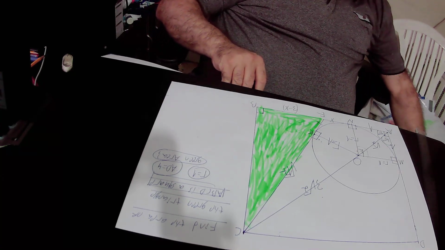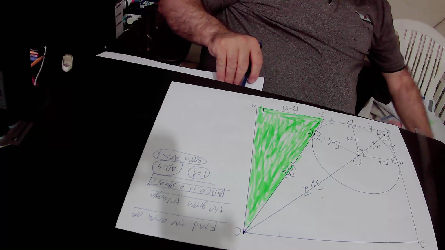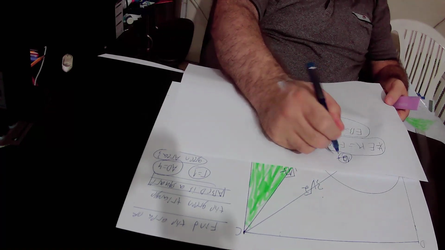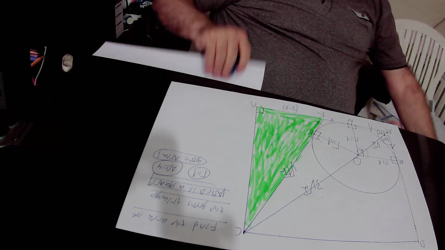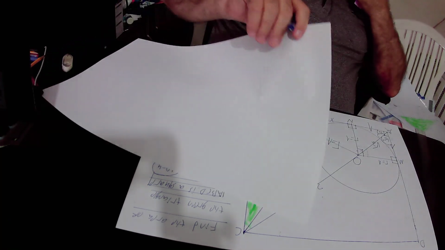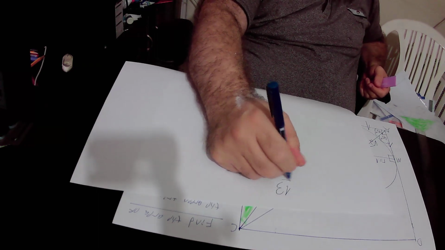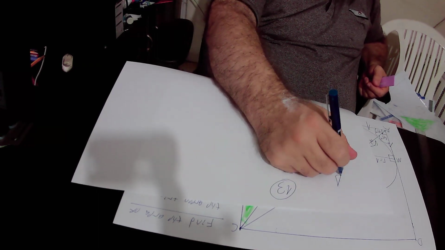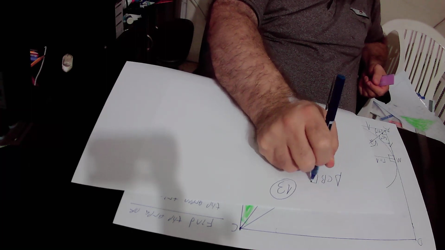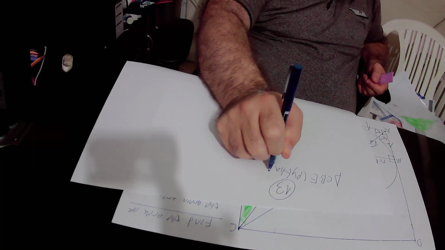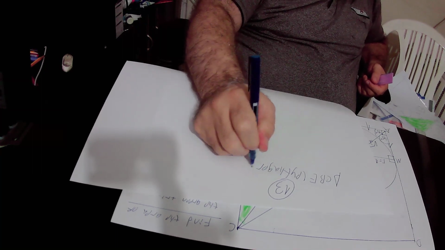Okay, and according to the Pythagoras theorem, in the right green triangle, triangle CBE, the square of the hypotenuse equals the sum of the squares of the perpendiculars.